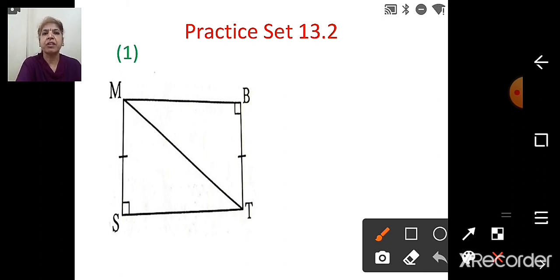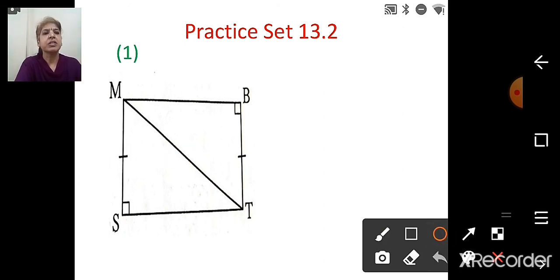We have to find the third specific part, the hidden information, which is the common side. Since M corresponds to T, we say MT is common to TM. This common side is nothing but, children, the hypotenuse, opposite to the right angle. So by observation, which test is it? It is the hypotenuse side test.